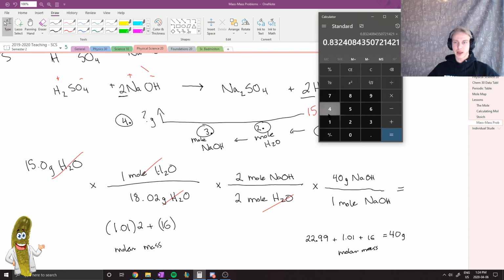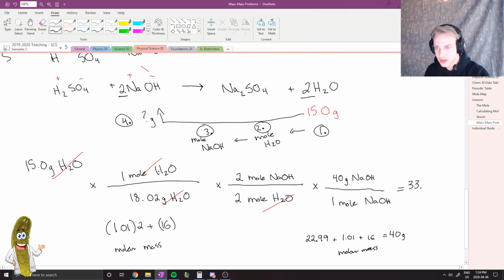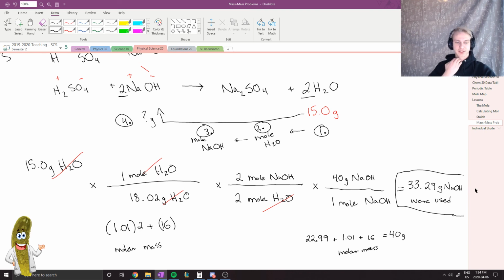And then we would multiply by 40 for the grams because this is on the top of the fraction. And what we'd end up finding is that 33.29 grams of NaOH were used in this reaction. And that's our final solution there for that question.